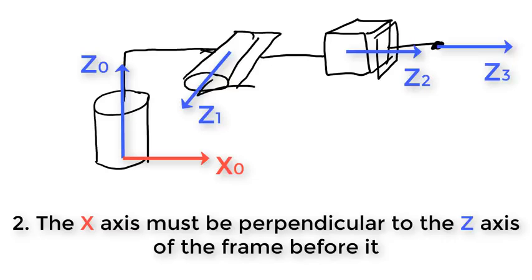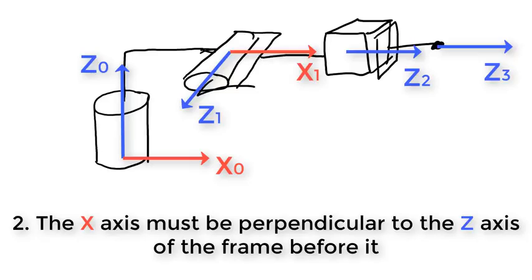Of course, I also can't draw x going into or out of the page, because in a coordinate frame, all axes have to be perpendicular to each other, and z1 is already coming out of the page. So that leaves me with only two options. I can draw x to the right or to the left. Here, it doesn't matter which direction you choose. I will draw it to the right.